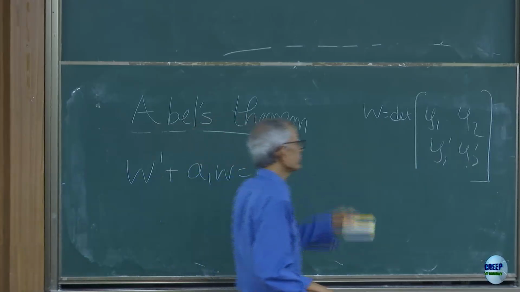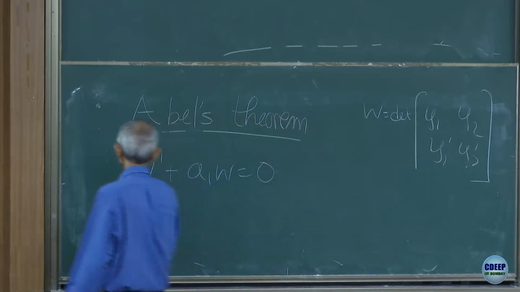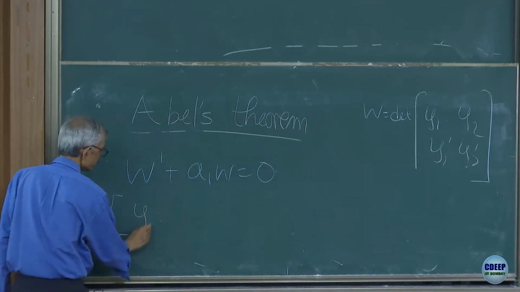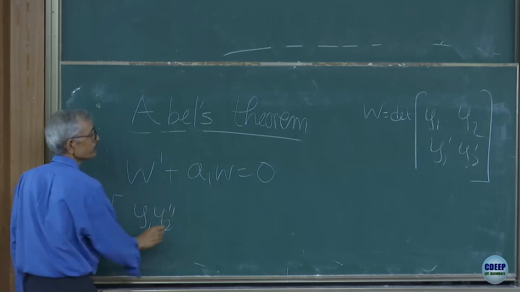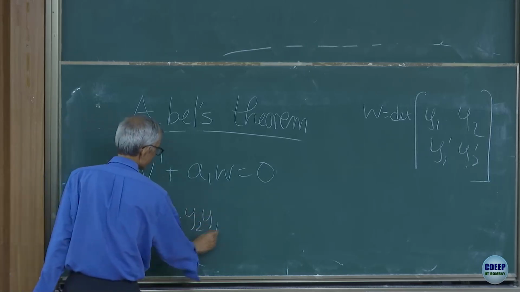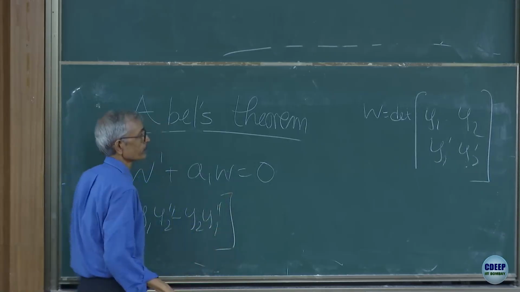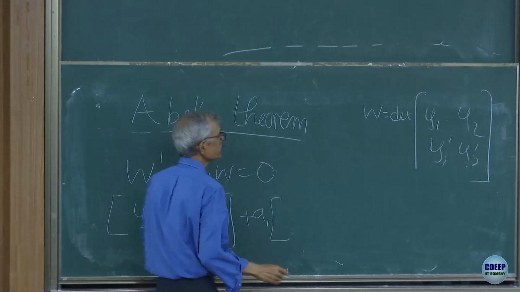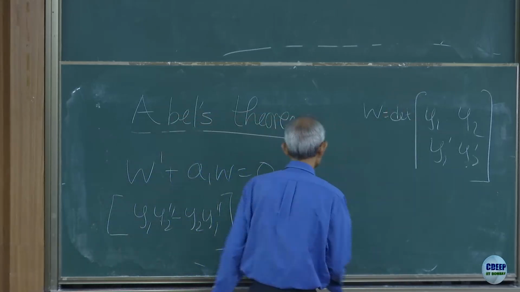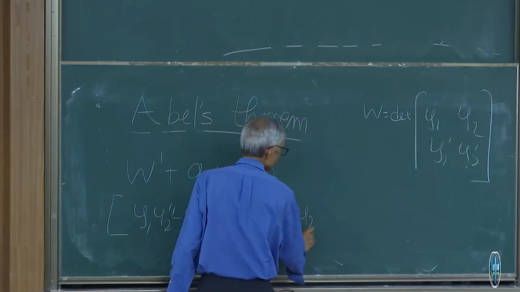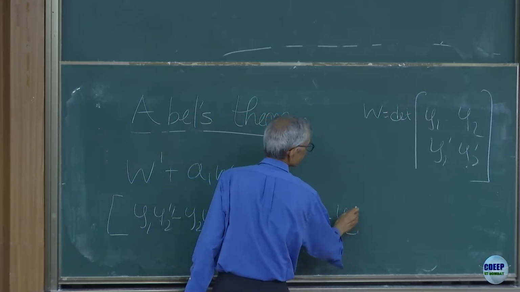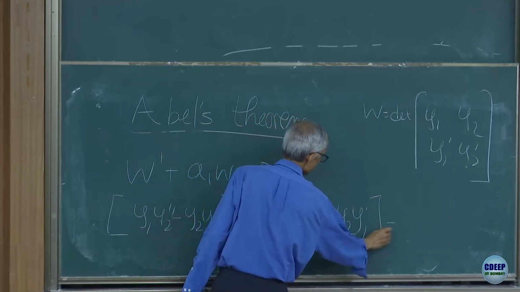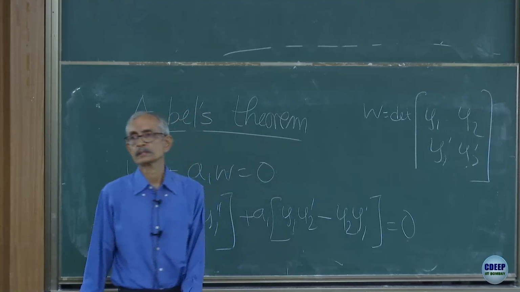We already have W prime, so W prime plus a1 times the Wronskian, which is y1 y2 prime minus y2 y1 prime, is equal to 0.